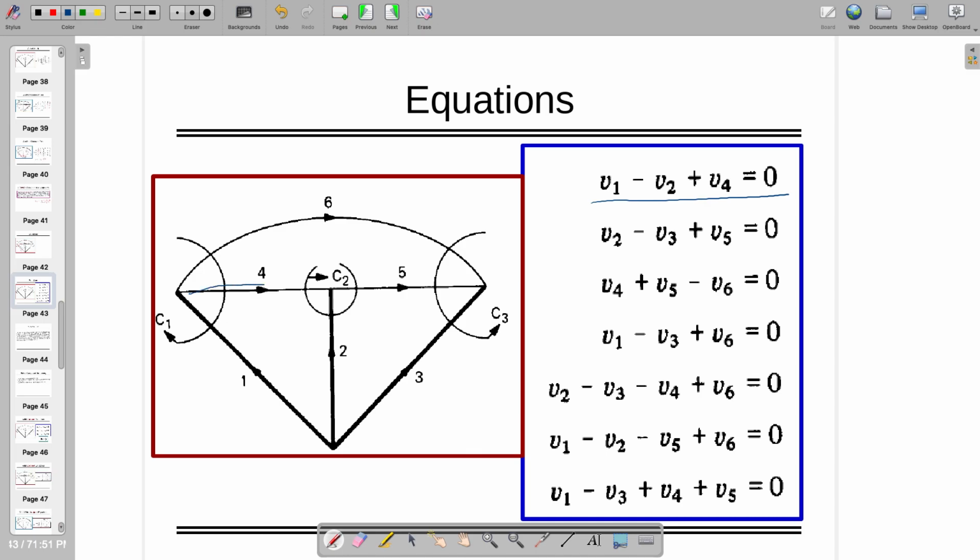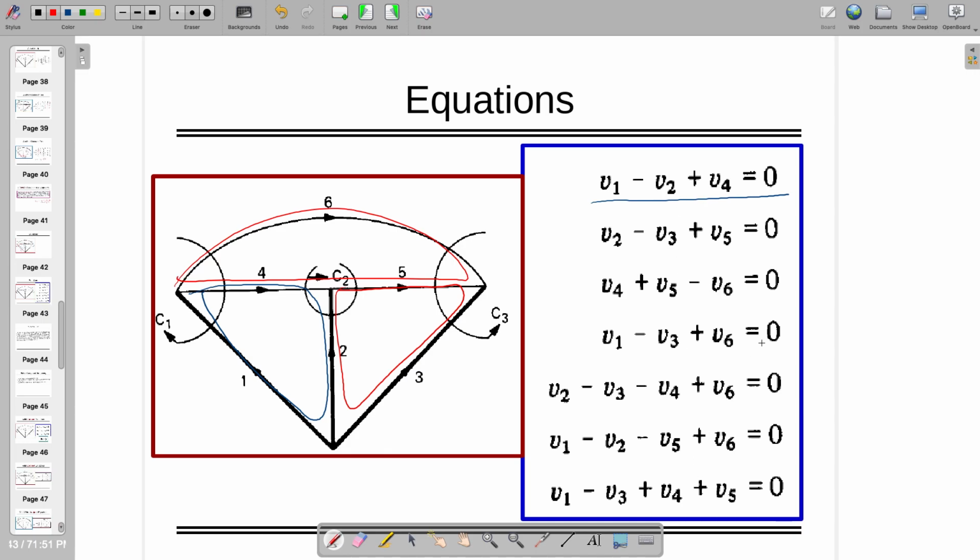Someone can make another loop which is V2, V3, V5, so this loop is also possible. You can make another loop V4, V5, V6 also. By the way, not all the equations written here follow loop set.